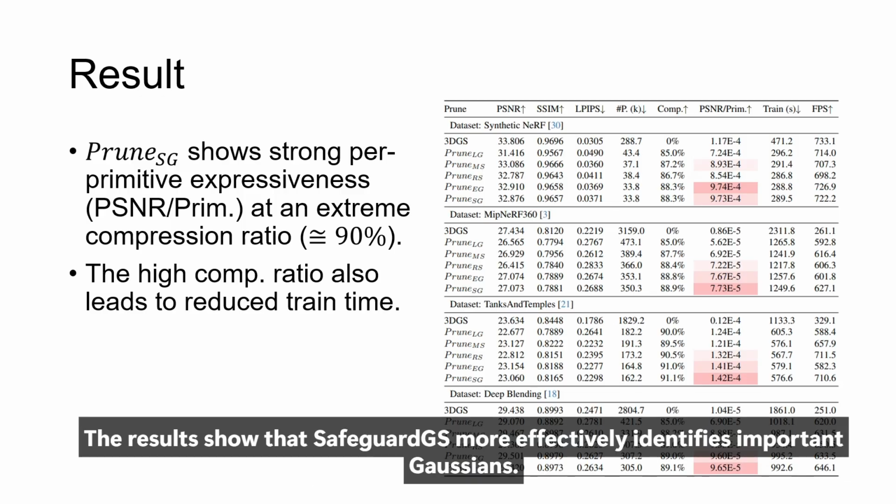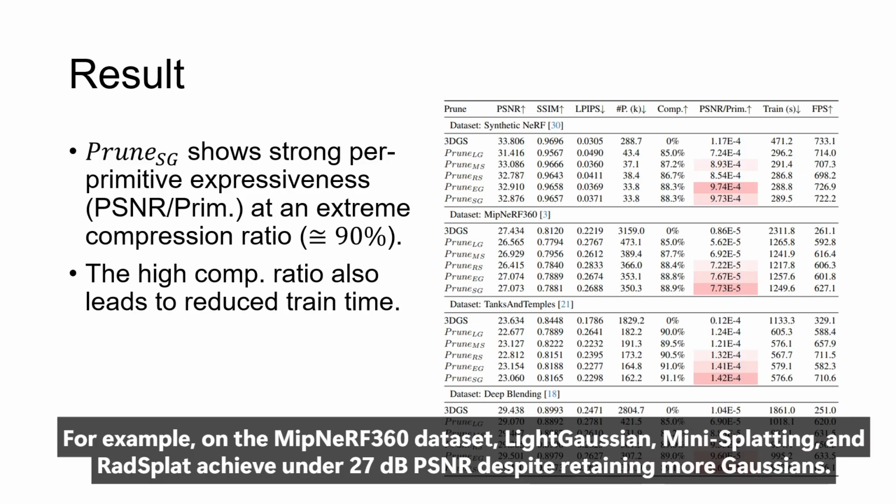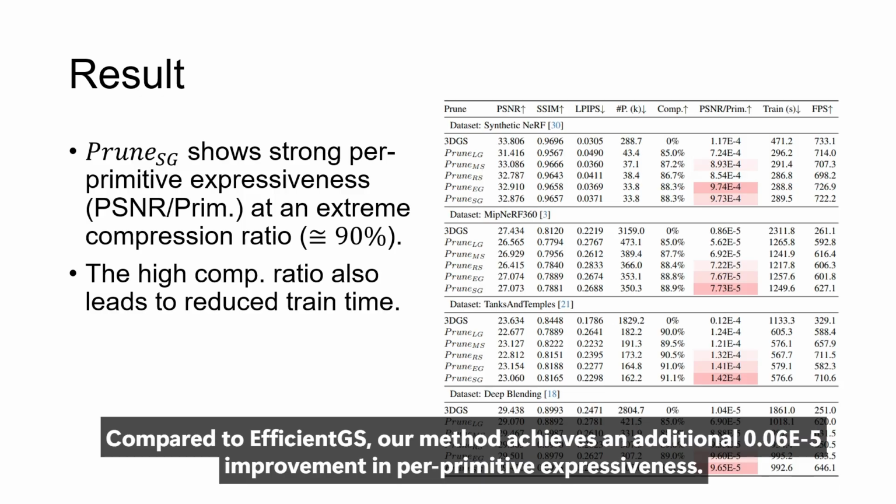The results show that SafeguardGS more effectively identifies important Gaussians. For example, on the Mip-NeRF 360 dataset, LightGaussian, Mini-Splatting, and LOT-Splat achieve under 27 dB PSNR, despite retaining more Gaussians. Compared to EfficientGS, our method achieves an additional 0.06 times 10 to the minus 5 improvement in per-primitive expressiveness.